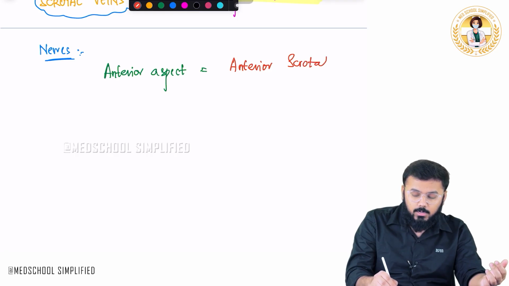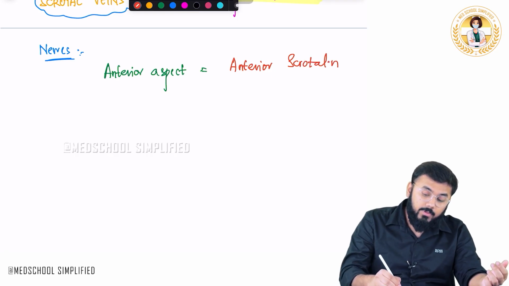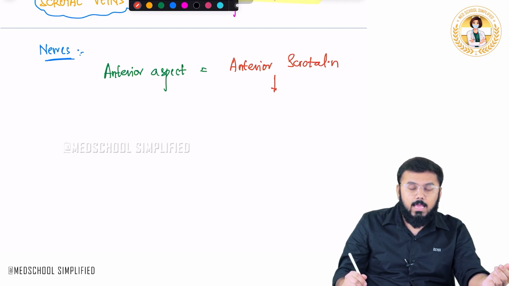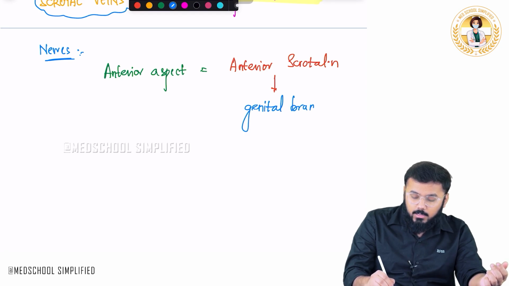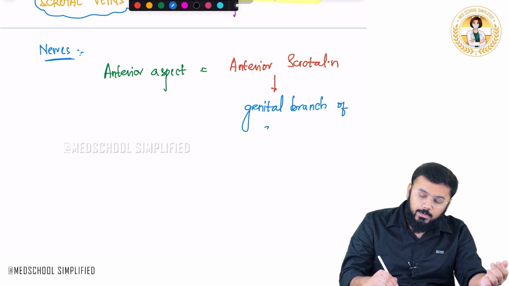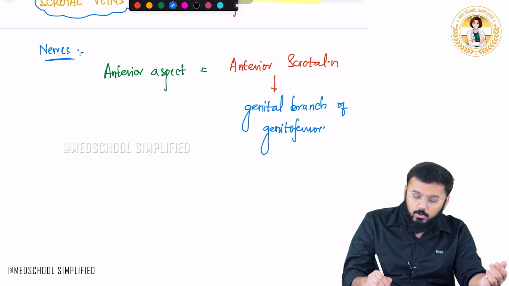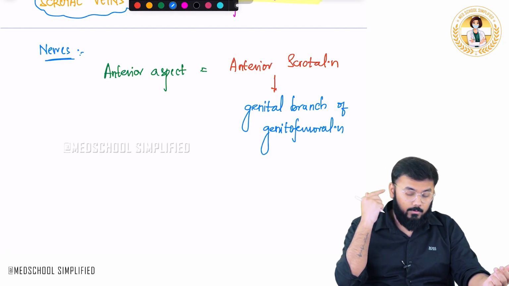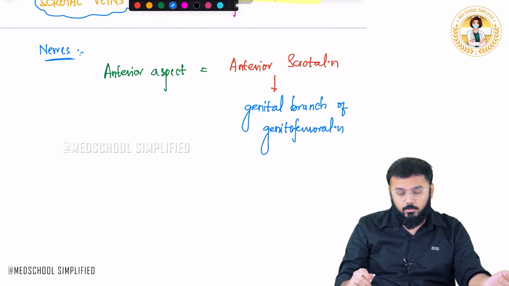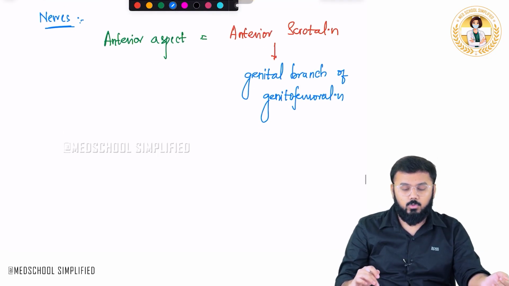From where is this anterior scrotal nerve coming? It is the genital branch of the genitofemoral nerve. So the genital branch of the genitofemoral nerve will give you the anterior scrotal nerve.